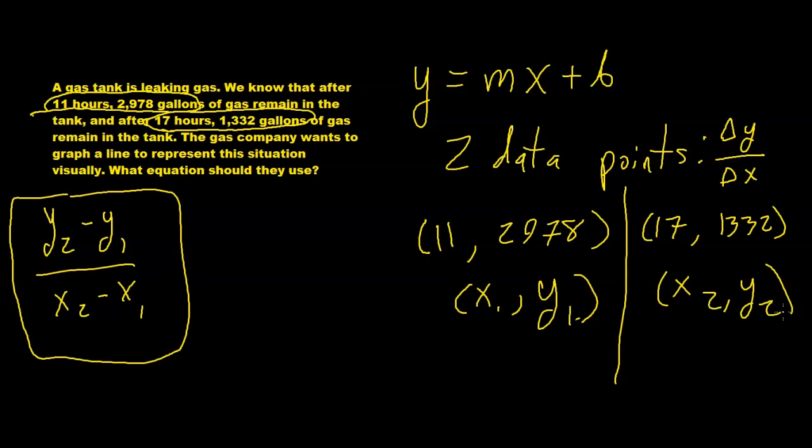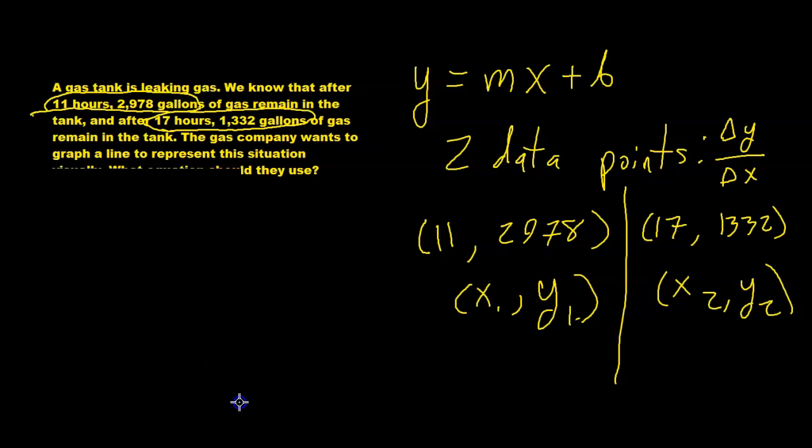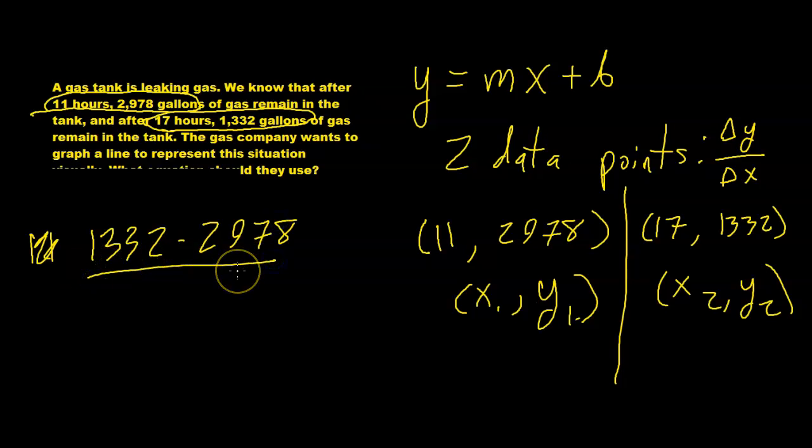Okay, so now let me make some more room over here, and let's get down to calculating this. What's going to be y2 minus y1? That's going to be the 1,332 minus 2,978. What's going to be x2 minus x1? That's going to be 17 minus 11, right?